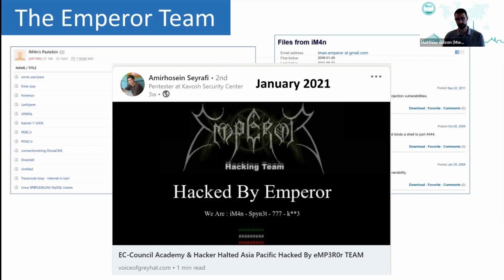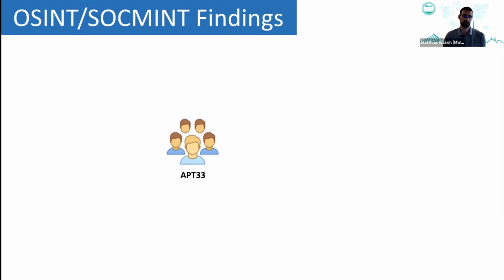So to kind of summarize all this, we started out with APT 33. We looked into the reports that came from FireEye, where a lot of the technical analysis, the reverse engineering was done. We picked up on the super awesome OSINT analysis that FireEye did, finding certain individuals and their backgrounds, and we took it a bit further to find more on this whole network of individuals.